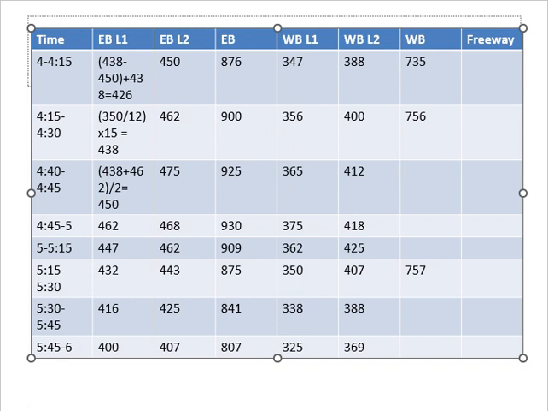Okay, this one, 777. Very good number. 793. 787. This one, 726. Last one, 694.